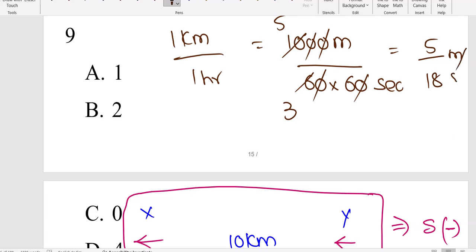This is the reason why we need to have that. Per hour means per 1 hour. Denominator seconds, numerator maintain meters. So 5 by 18 meters per second. Meter per second to kilometer per hour is 18 by 5, obviously. That is the reverse one.